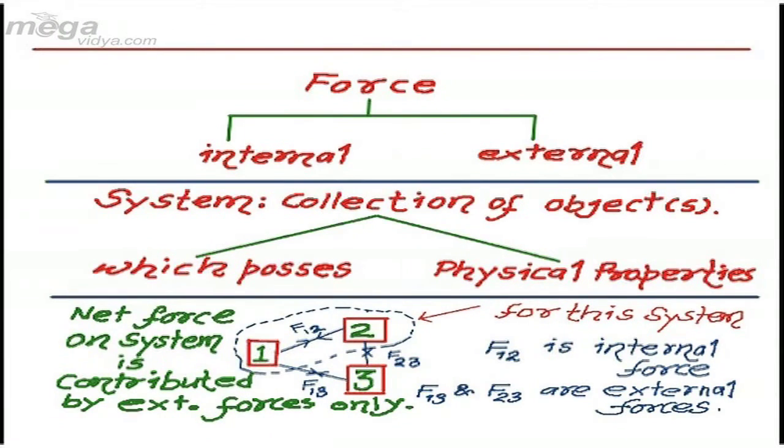So net force on system is contributed by external forces only because when we take net force, then internal force, as it always occurred in action reaction pair, so net contribution on that system due to internal force becomes 0.